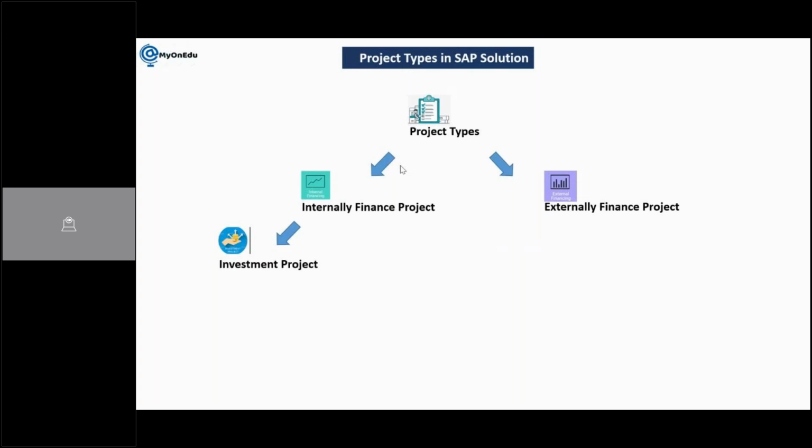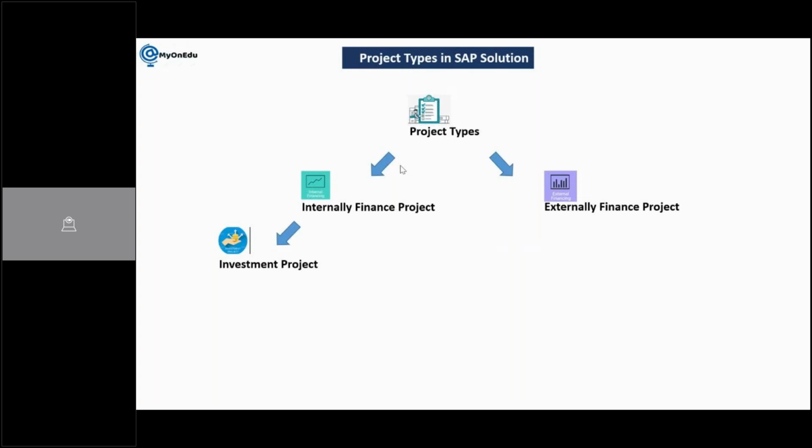Or individually, if we are constructing a house for ourselves, that is internally financed, where we are putting our own money into this project. We may take a loan, but that is another part. When we are using it for ourselves, we call it an internally financed project.